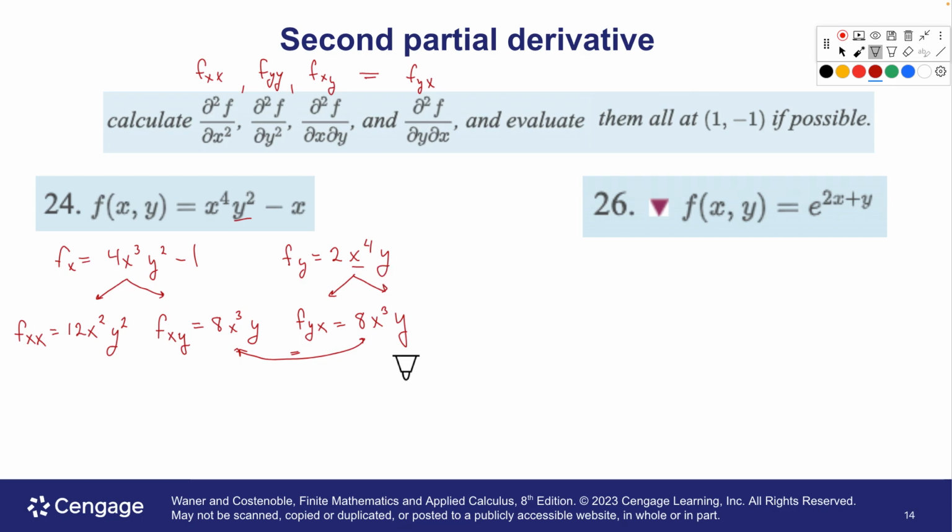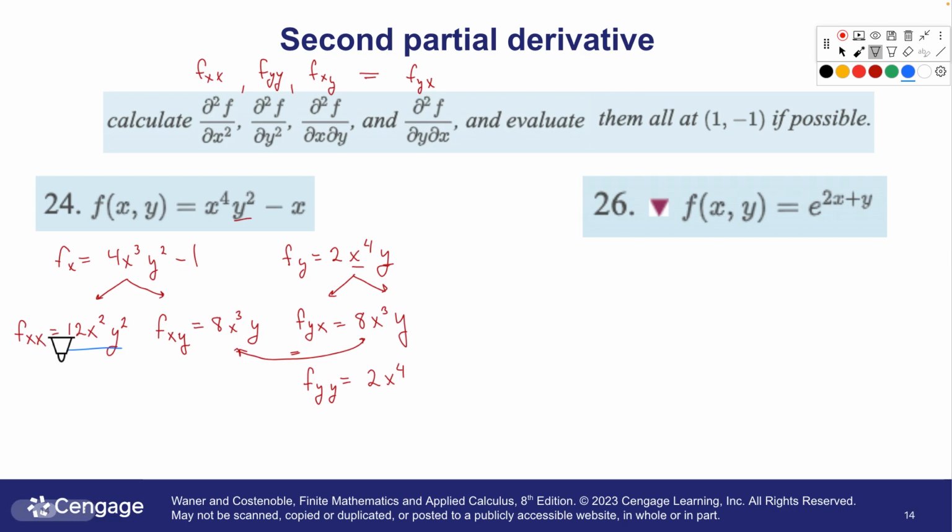And then we've got one more to do. I'll do the partial of y with respect to y. So we're looking at y as our variable. Derivative of y is just 1. So this becomes 2x to the fourth. Those all just tag along for the ride. So those are the 4 second derivatives.